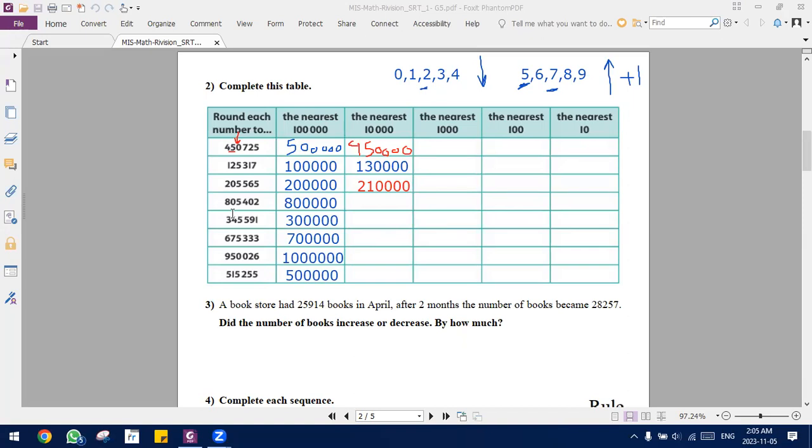Next one, we underline 0, we check 5, 5 is round up, so instead of 805 it will be 810. Next one, we underline 4, we check 5, 5 round up, so that 4 will be 5, 350.